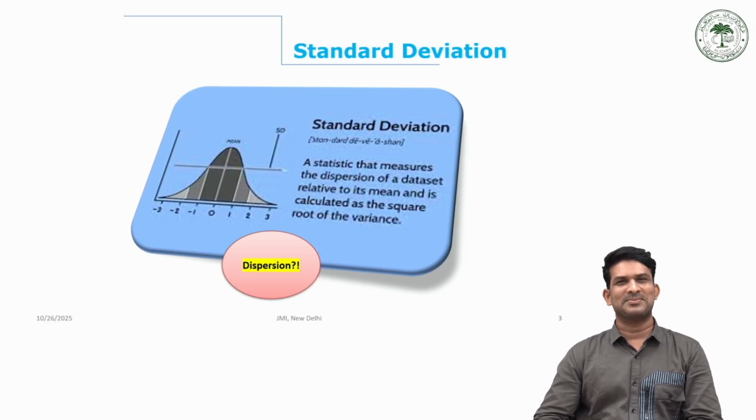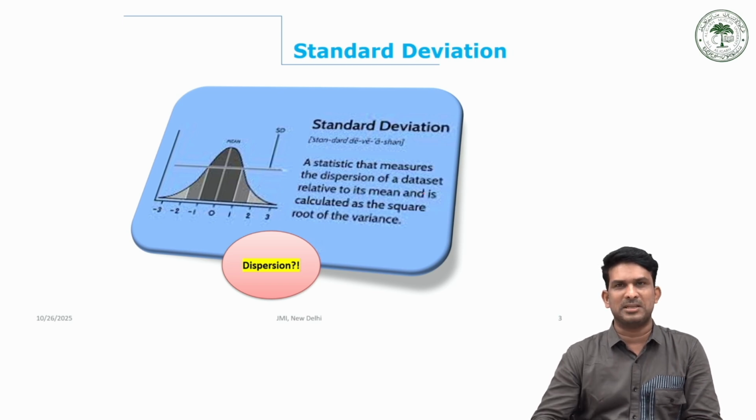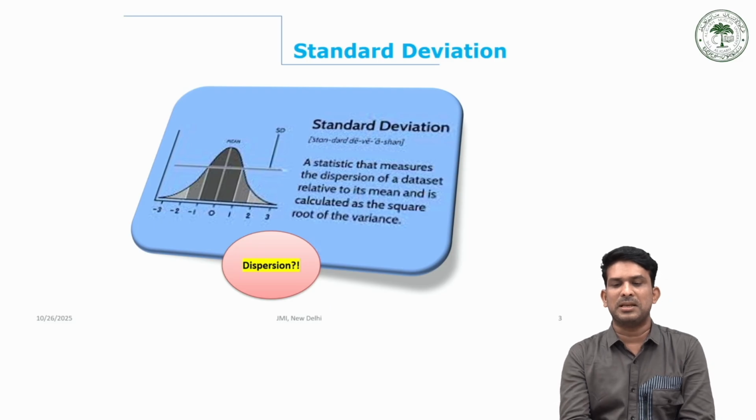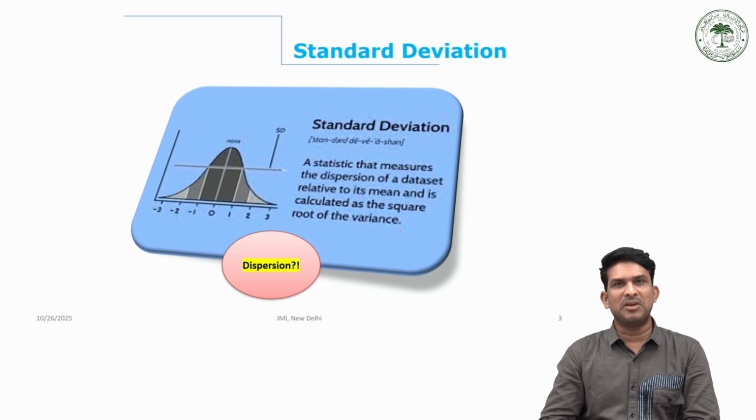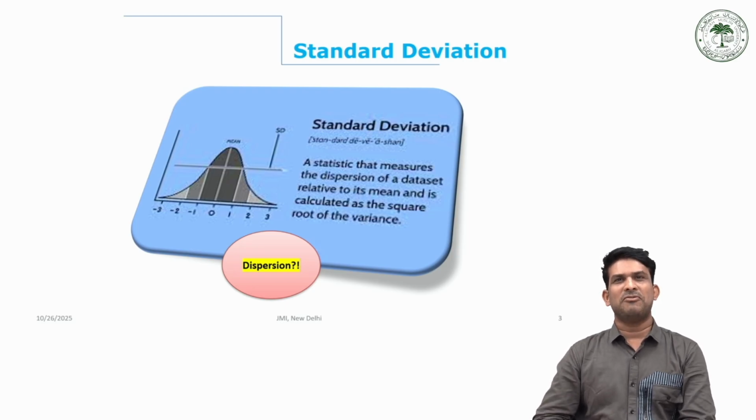Standard deviation is a statistic that measures the dispersion of a data set relative to its mean, and it is calculated as the square root of the variance. You know variance? The square root of variance is standard deviation. The square of standard deviation is variance. Got an idea what is standard deviation? It is the square root of arithmetic mean of squares of deviations of observations from their arithmetic mean.